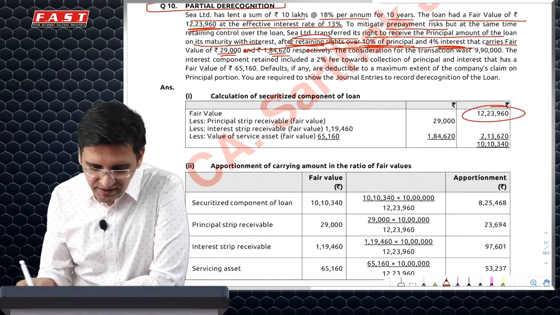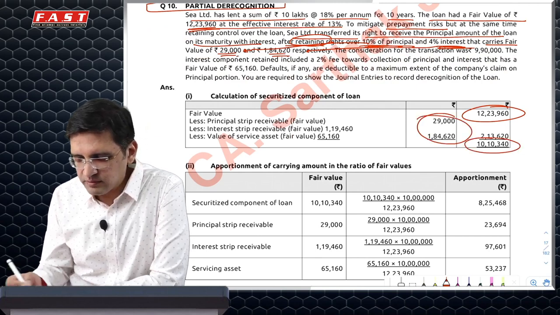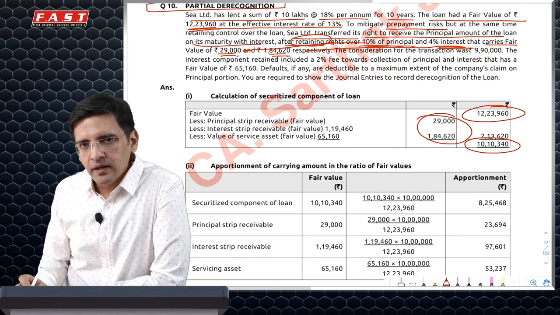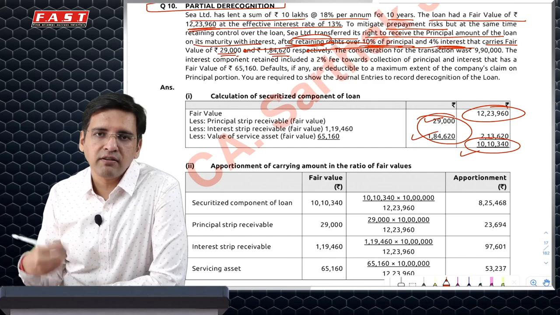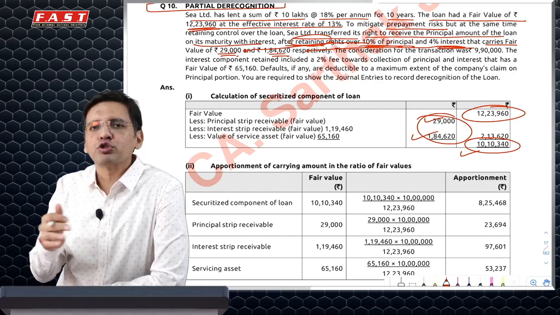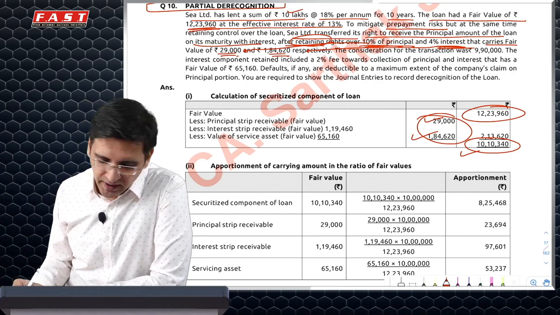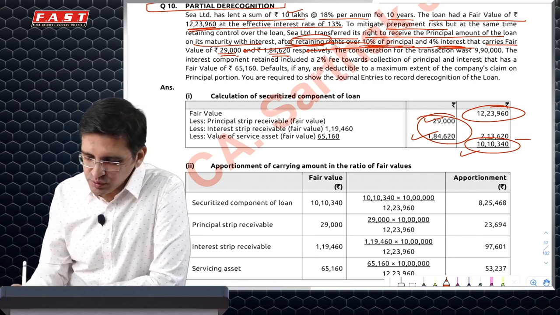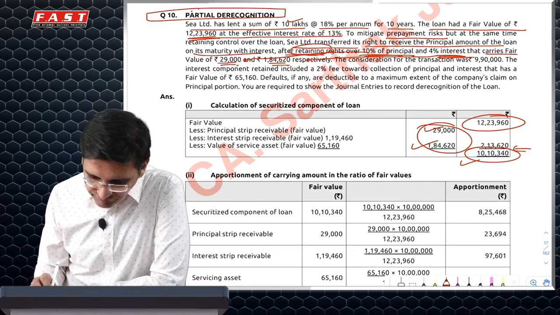So 1223960 minus 184620 is the fair value of the portion which has been sold. Now in the proportion of 1039340 and 184620, you should split your carrying amount, which in this case is 10 lakh. The carrying amount which relates to the portion sold will then be compared with the selling price to calculate the profit or loss.